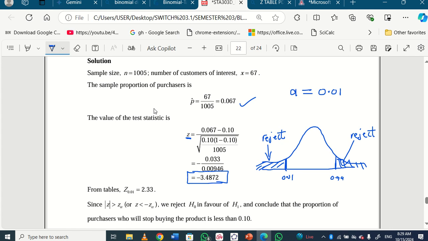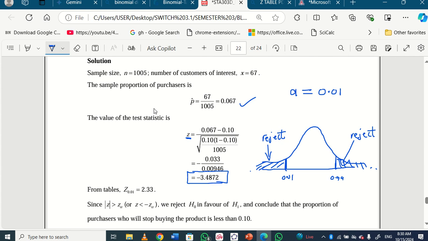So it means that instead of using an alpha value of 0.01, I can also use an alpha value of 0.99, because if here is from 0.99 to infinity, the area there is the same as from negative infinity to 0.01, because the normal distribution is symmetrical.